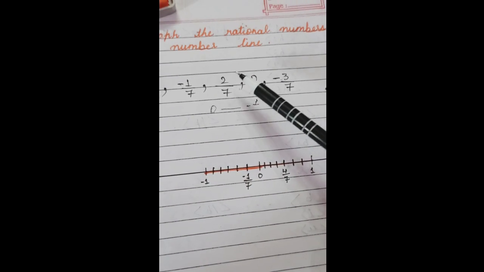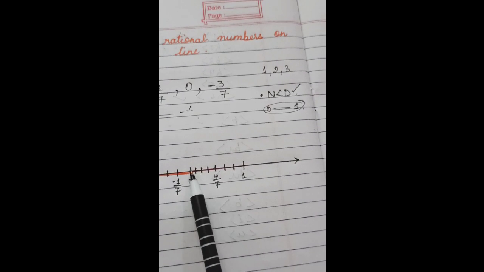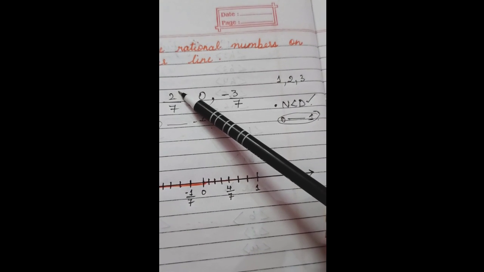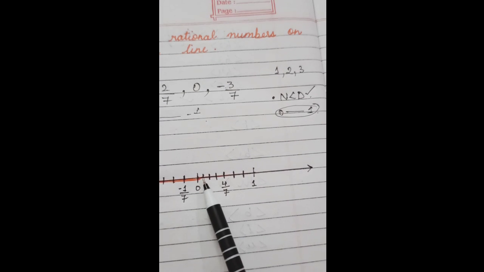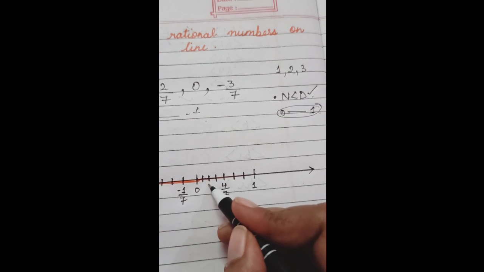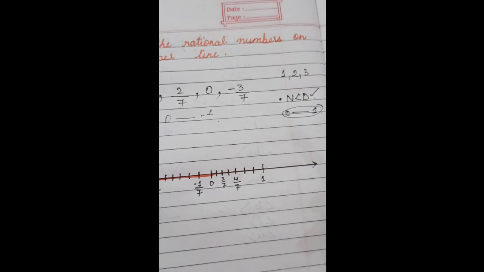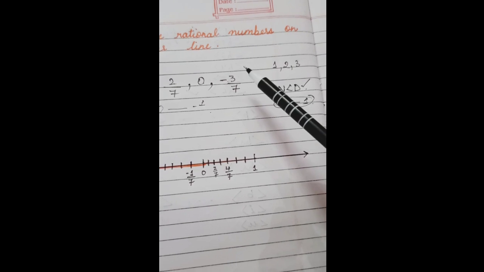Now the next number is 2 by 7. So this lies between 0 and 1. Now we have to count. Numerator is 2. So count 2. 1, 2. So this is 2 by 7. Similarly, this is 0. You all know that this is 0. Now minus 3 by 7.